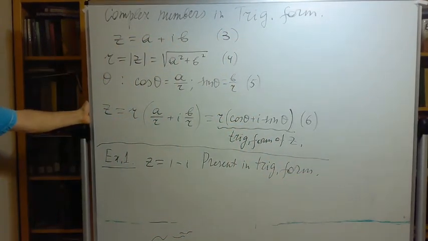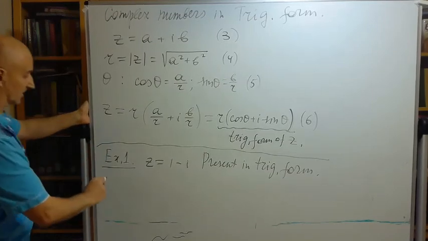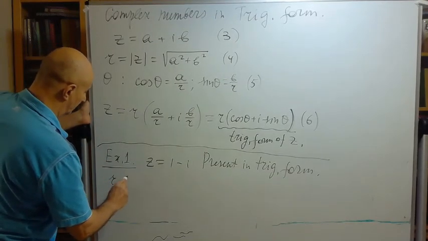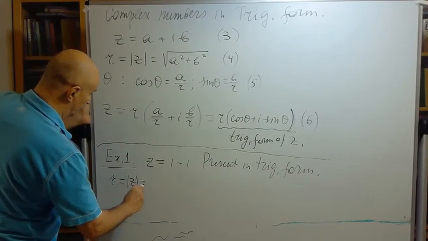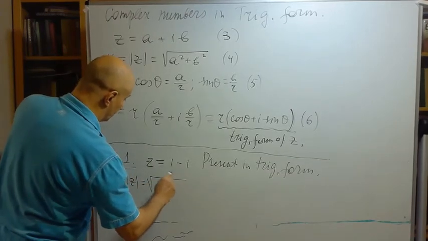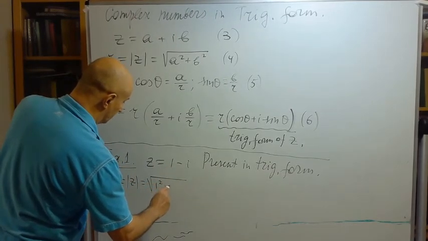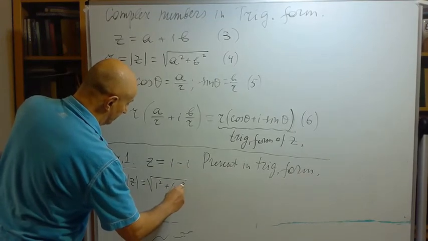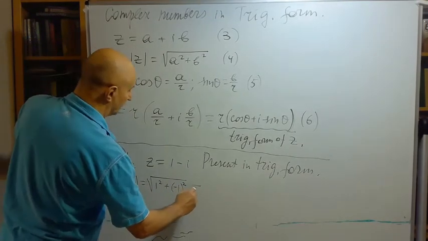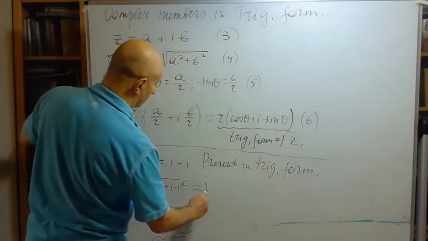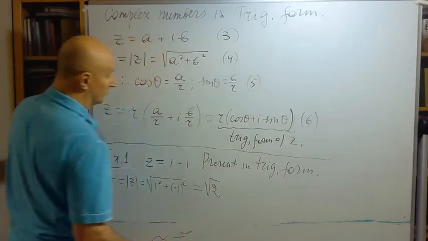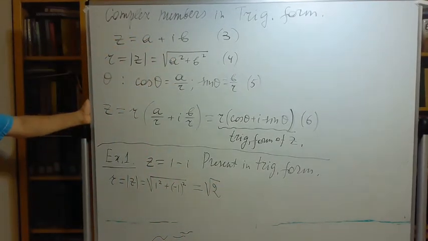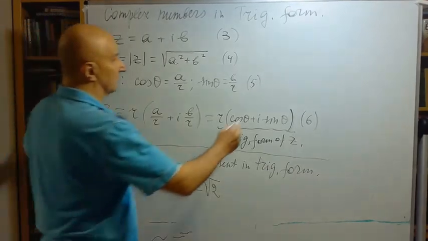What shall we do? We have to find the modulus of z, yes? r, or modulus of z, equals square root of 1 squared plus the imaginary part, negative 1, squared. So it will be root of 1 plus 1, root of 2. Right?